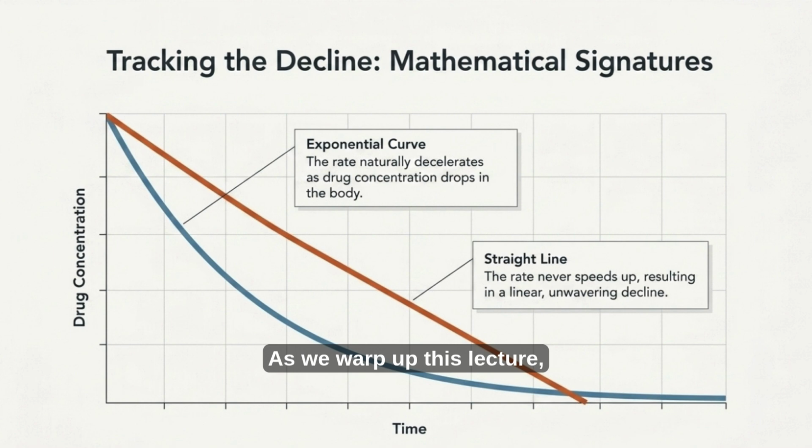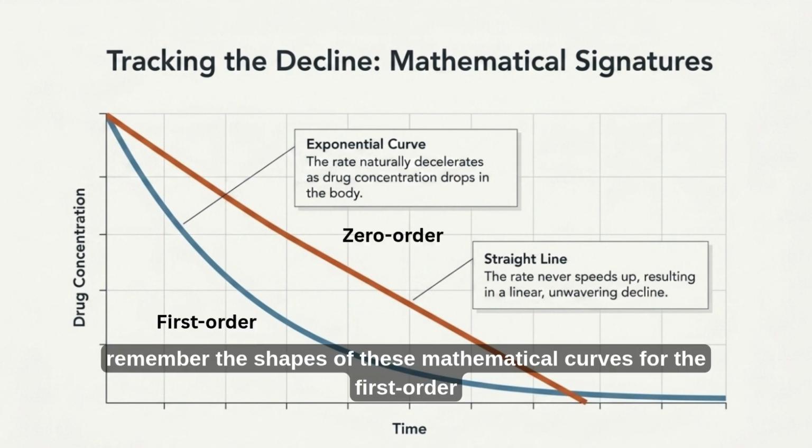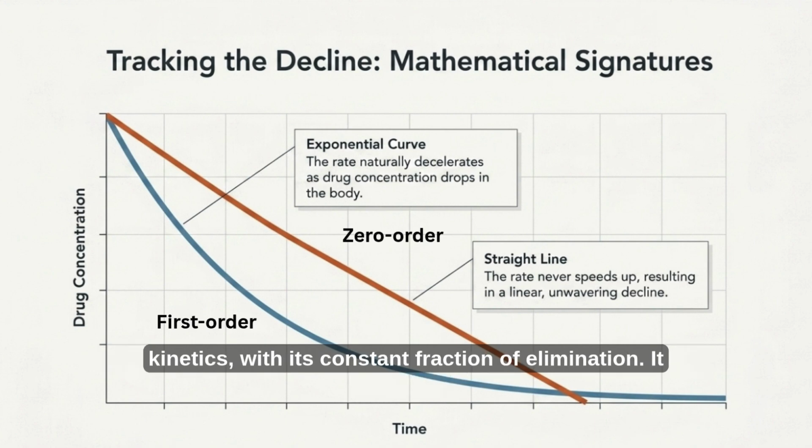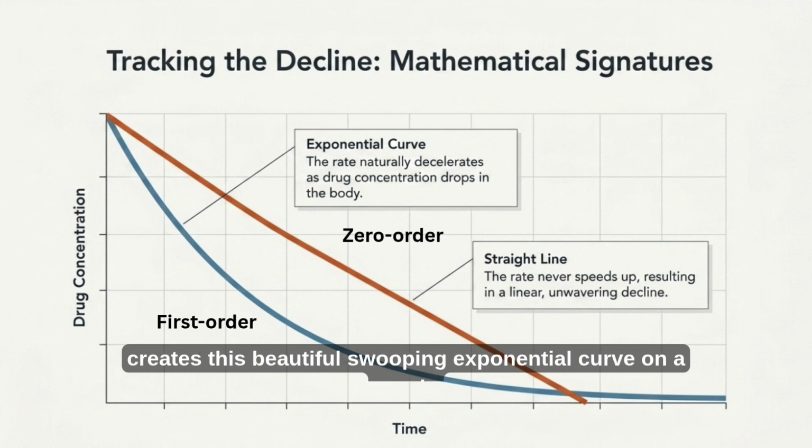As we wrap up this lecture, if you remember nothing else, remember the shapes of these mathematical curves. First-order kinetics, with its constant fraction of elimination, creates this beautiful swooping exponential curve on a graph.